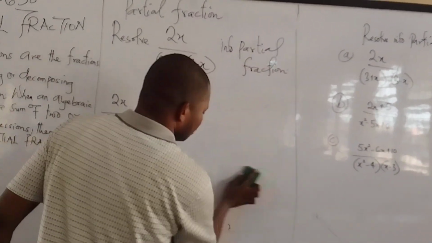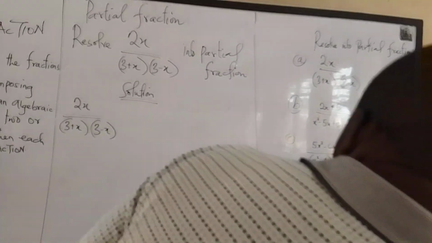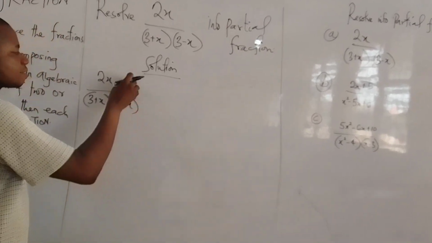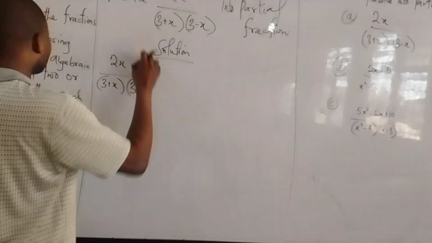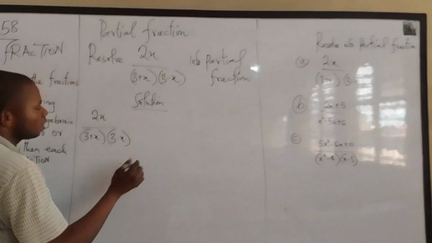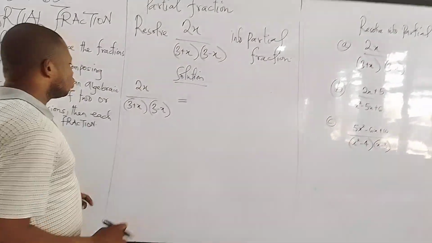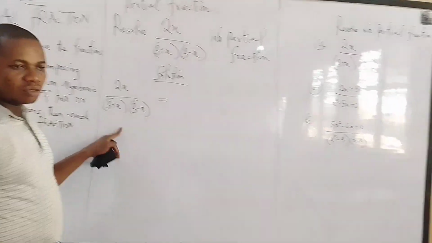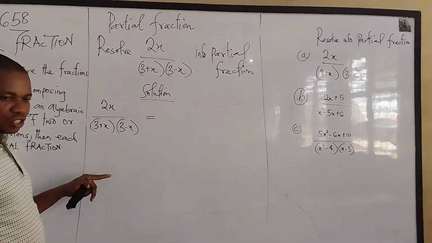Okay, now I just explained this so that we understand what we are dealing with. So this is partial fraction. I want to resolve this into partial fraction. This is just a normal fraction. How do you resolve into partial fraction? It's very simple. You can see that these are the factors of what we are having here, the rational expression.